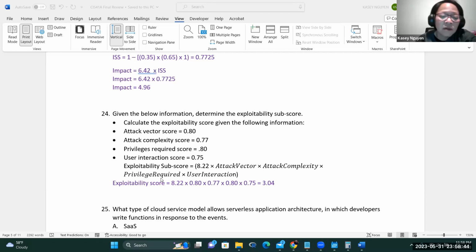So to compute the exploitability subscore, we would take the constant 8.22 times attack vector times attack complexity times privileges required and times user interaction. So we simply take the given value 0.8 times 0.77 times 0.80 times 0.75, and we would multiply it by the constant, which is 8.22. That would give us the result of 3.04 as the exploitability score.